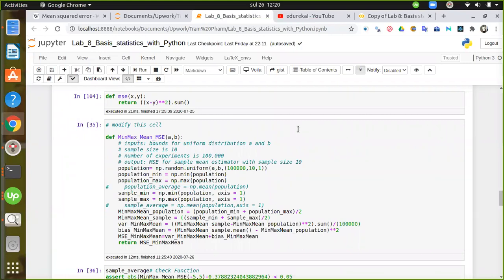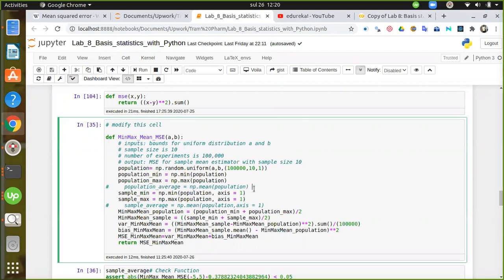Okay, here you see? This is the function. I remove this line, I comment it, this one too, not necessary. I take the mean and the max, divide by 2. The same thing here.